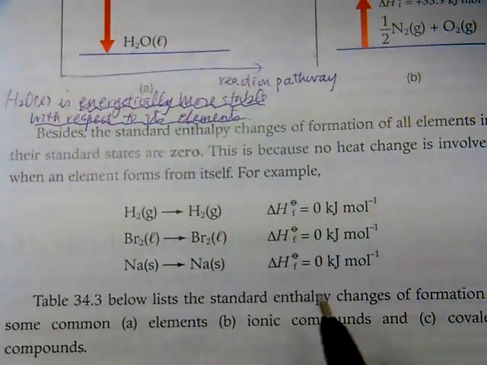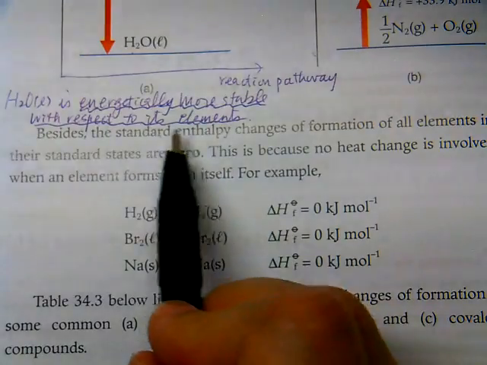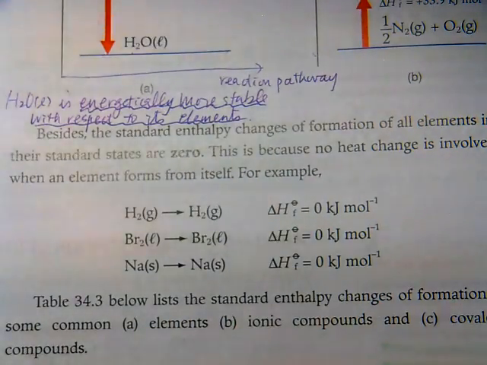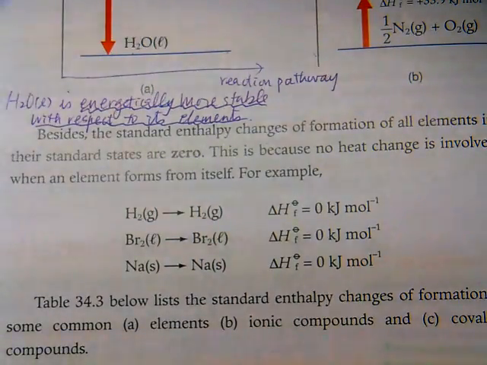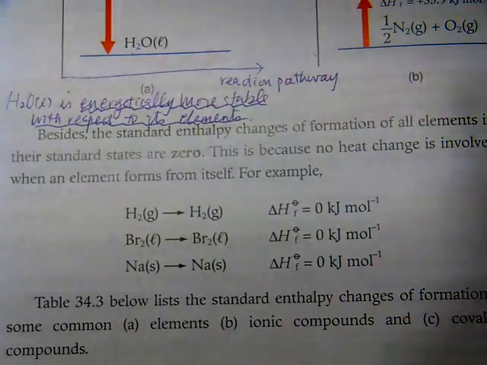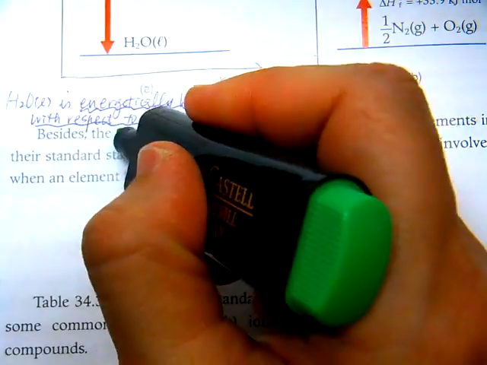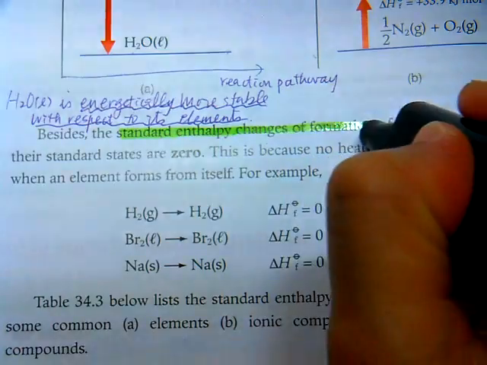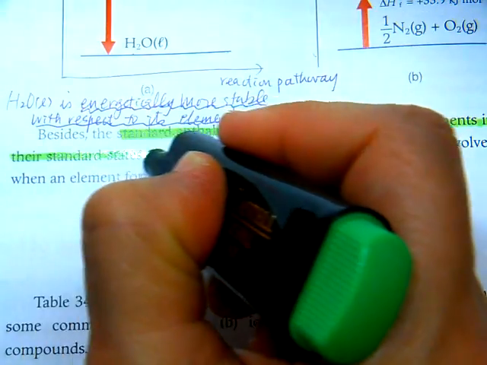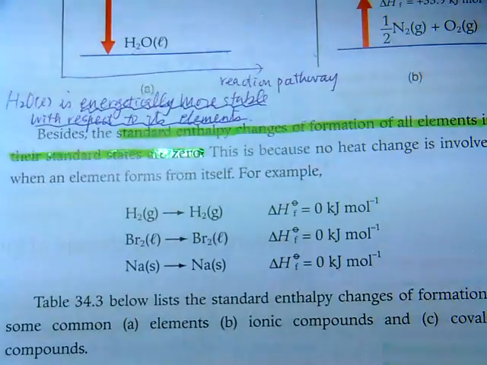Next, let's talk about the standard enthalpy changes of formation of all elements. Please highlight all elements. Now, if we talk about the standard enthalpy change of formation of all elements in their standard state, they are 0.